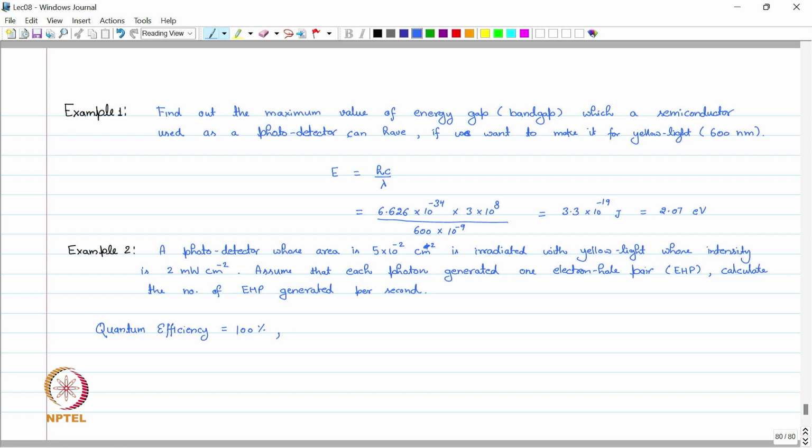Then we can calculate the number of electron hole pairs generated per second, which is equal to the number of incident photons per second.